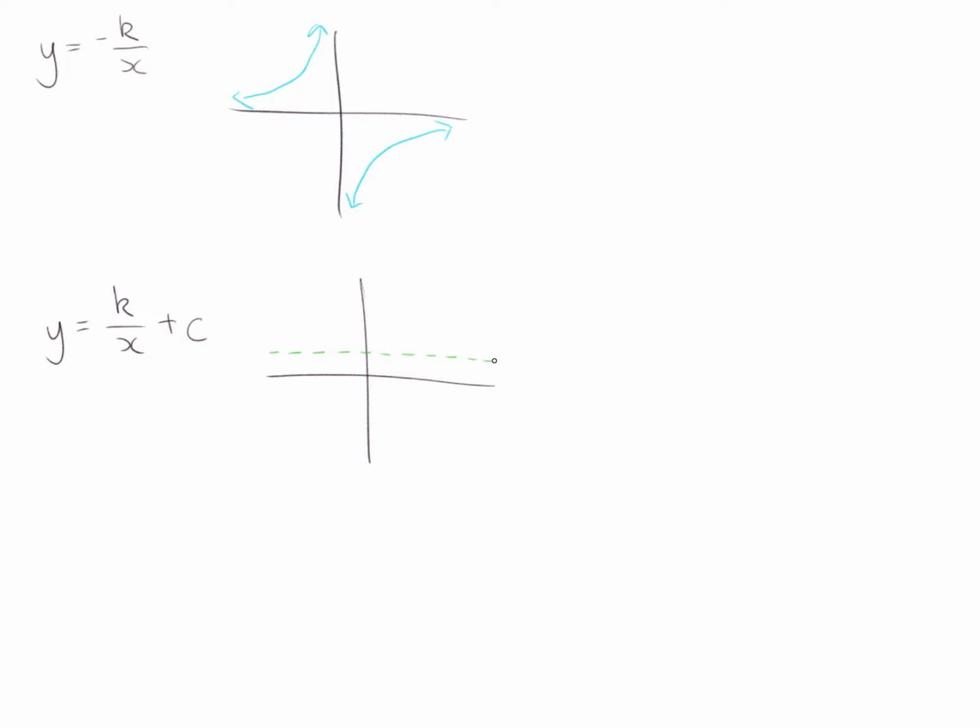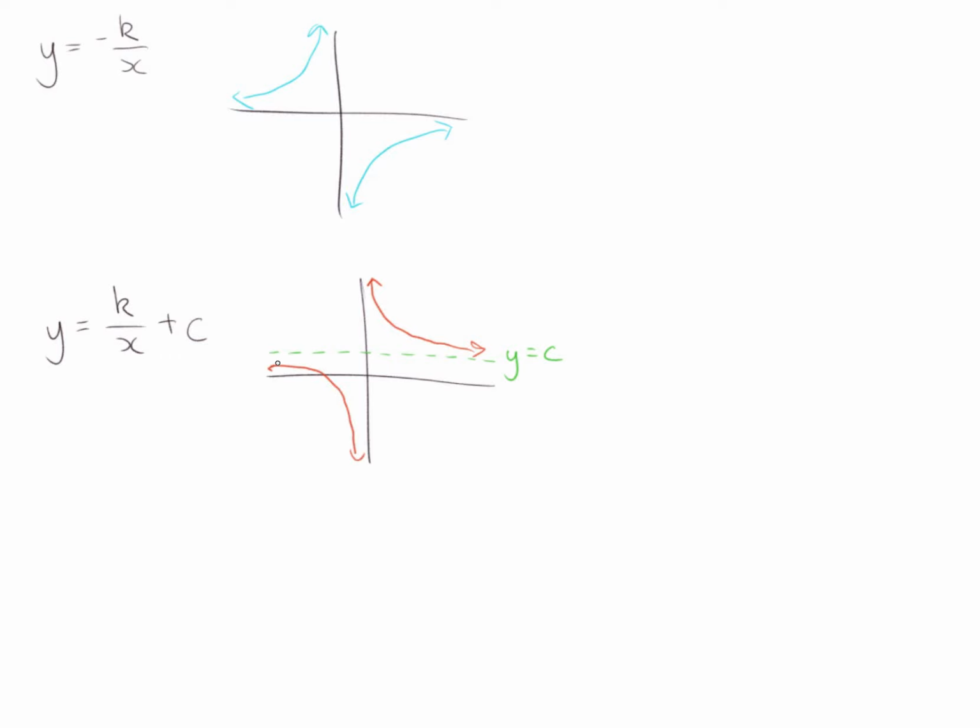So the asymptote is now the line y equals c. We still have the same vertical asymptote of x equals 0. So it would now look something like this.